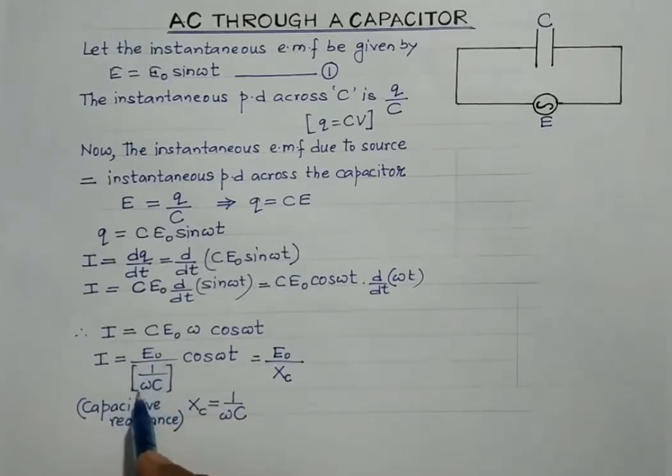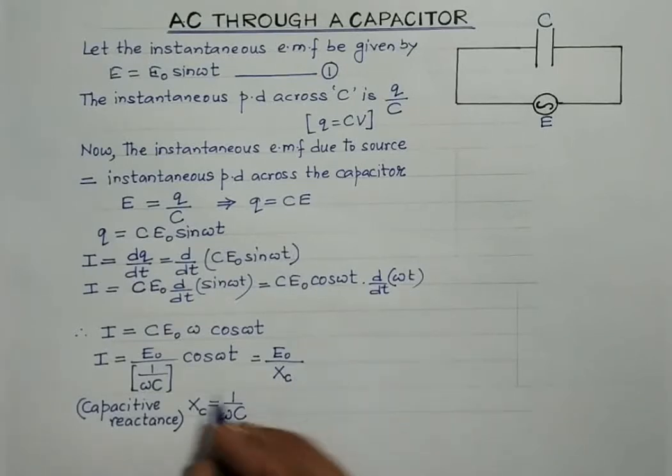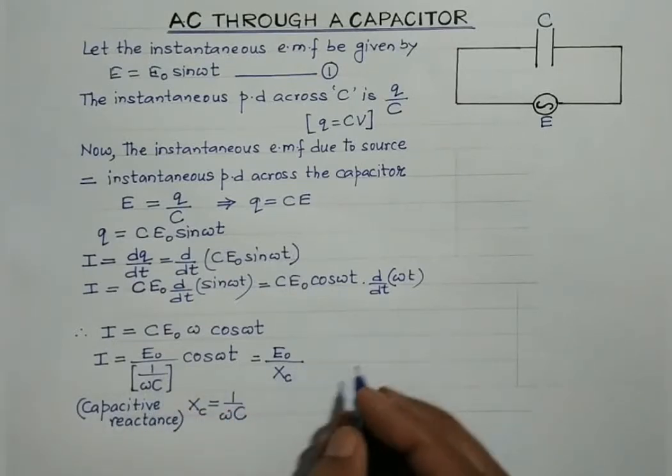So 1 by omega C possesses the same dimensions as that of resistance. So 1 by omega C has the SI unit of ohm. This is known as capacitive reactance, denoted by XC, and it is defined as the resistance offered by the capacitor to the flow of current. So in place of 1 by omega C I have written XC.